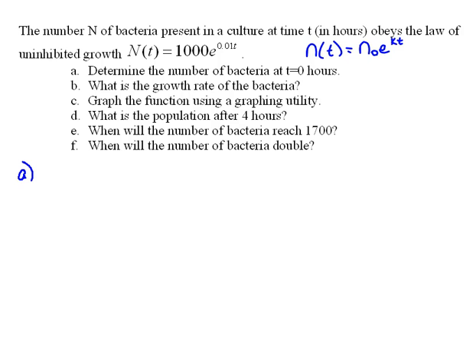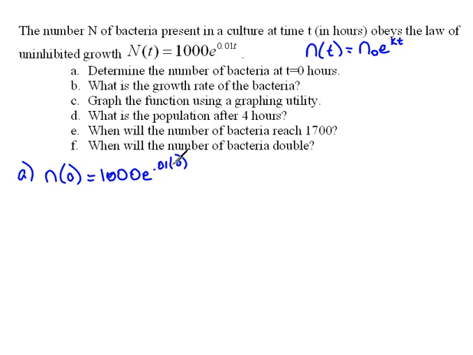Okay, part A says determine the number of bacteria at t equals 0 hours. Well, once you understand the way the formulas are set up, you could read that off immediately. But at any time, you can always plug it in. If t is 0, then we are evaluating this function for a t value of 0, which means we'll have 1000 e to the 0.01 times 0 power.